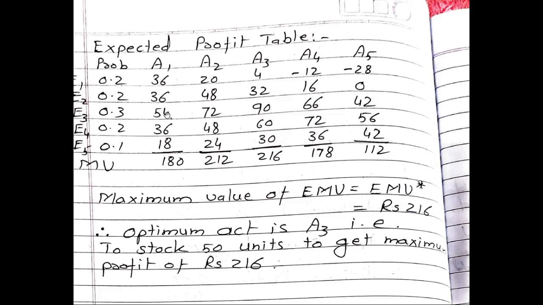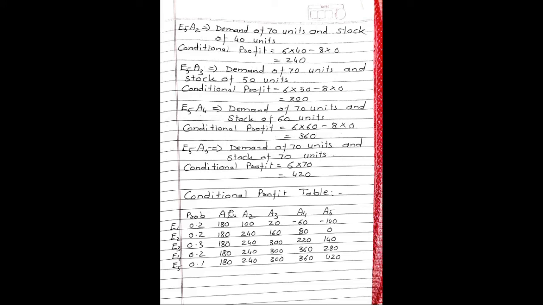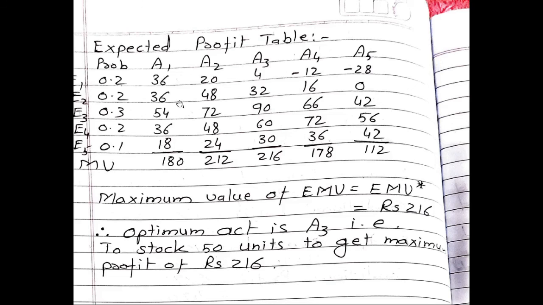How do you get this 54? 0.3 into 180 becomes 54. 0.2 into 180 becomes 36. 0.1 into 180 becomes 18. So 36, 36, 54, 36, 18.